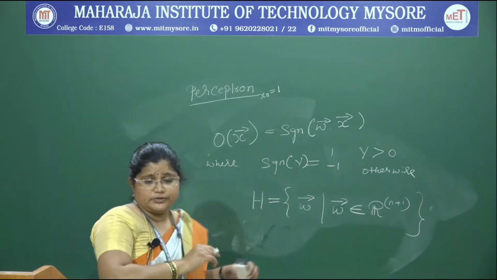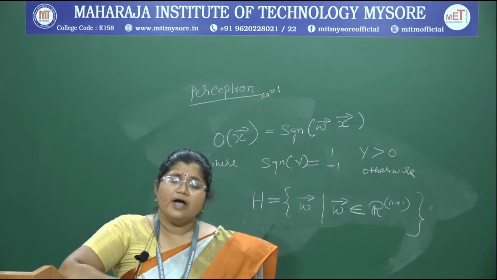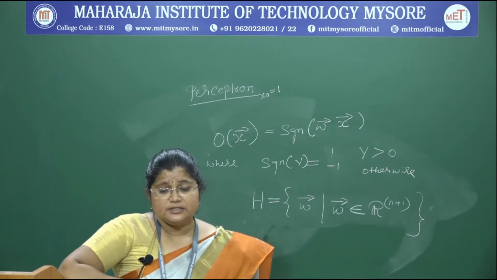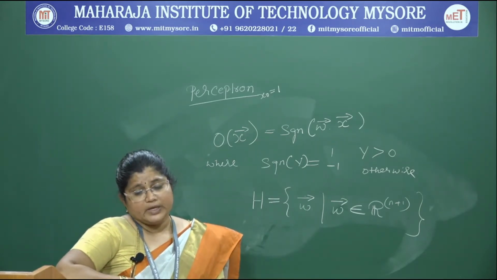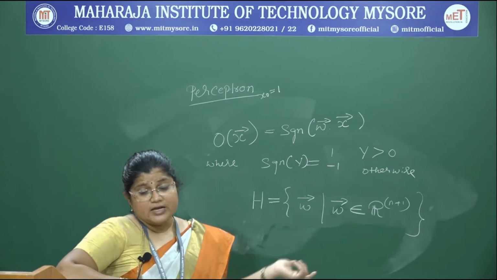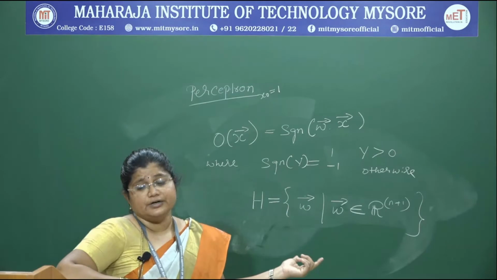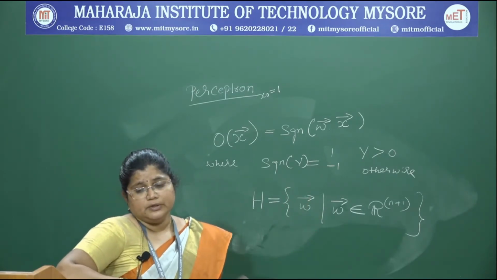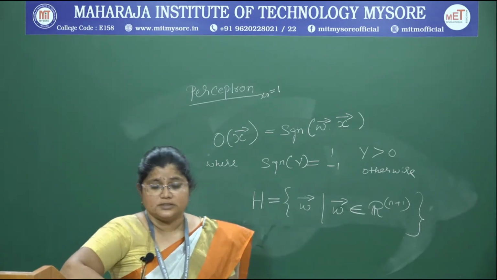Now let us move on. Why do we need weights and why do we have a bias? Weights show the strength of a particular node, and the bias value allows you to shift the activation curve up or down. That is why we require weights and bias.